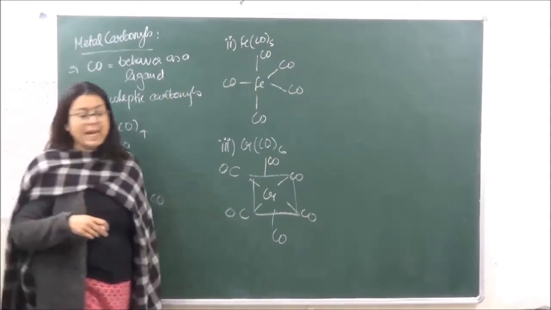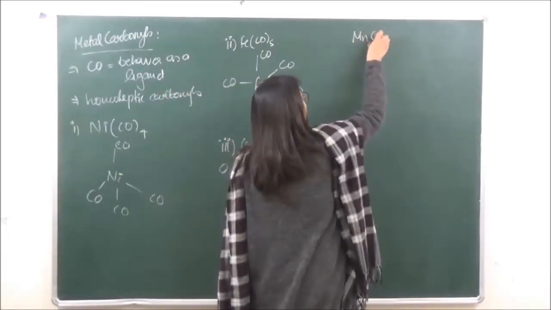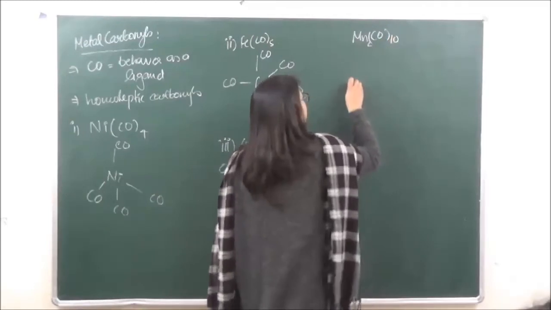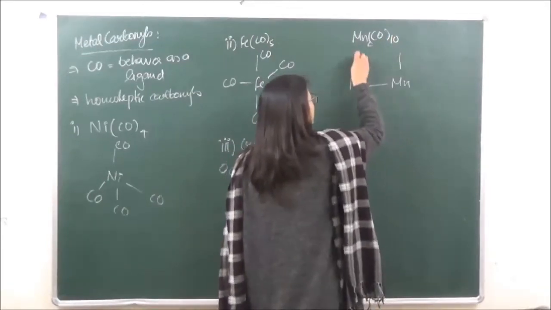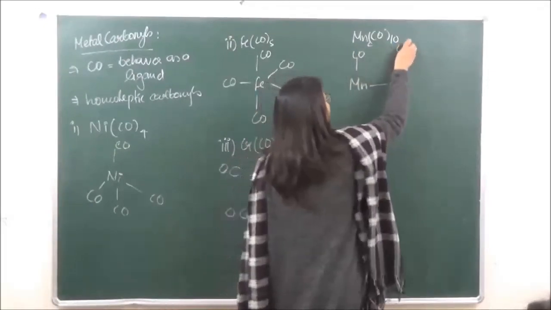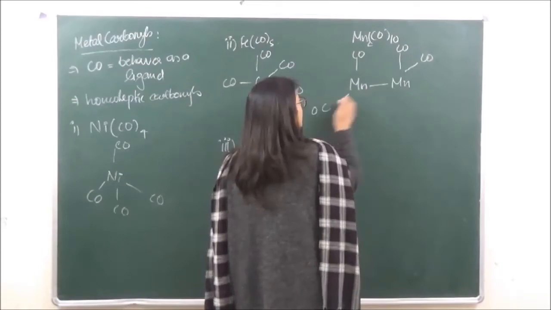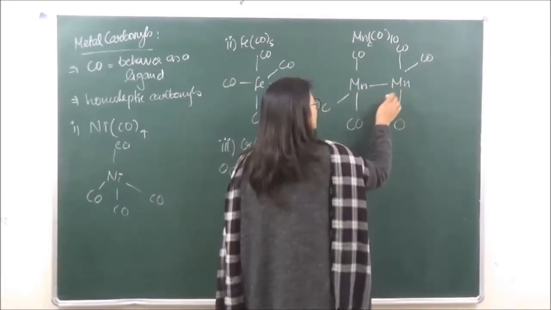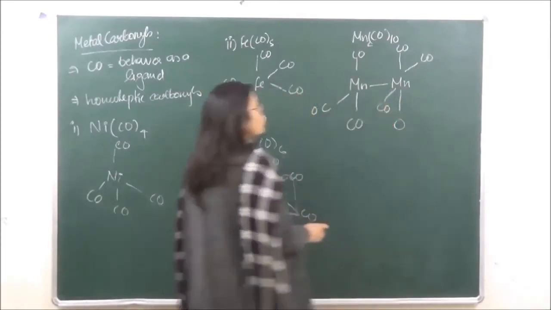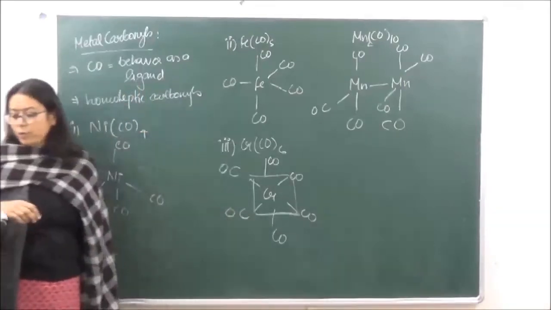For example, we have Mn2(CO)10. Now over here, both the manganese atoms are going to be bonded to one another. So it is going to have 10 carbonyl groups which are going to be arranged.